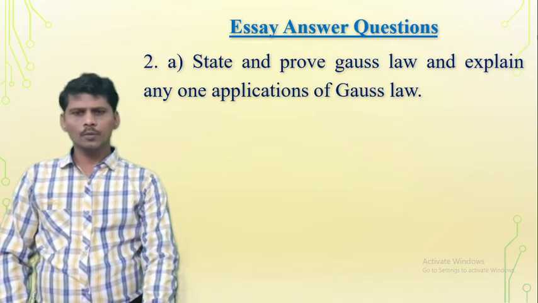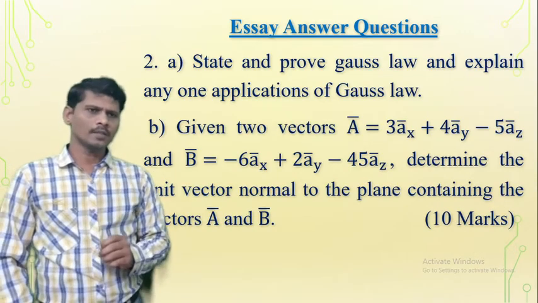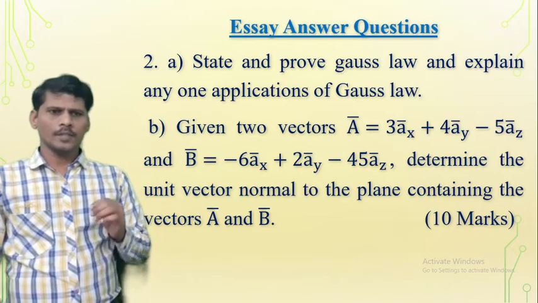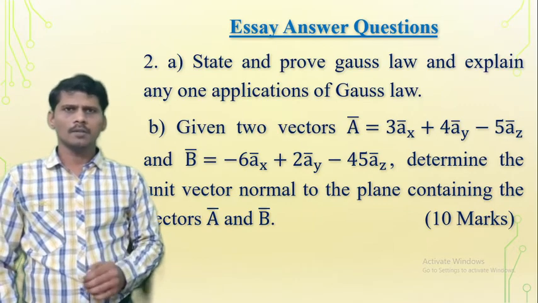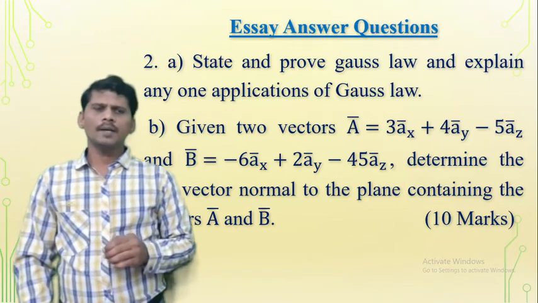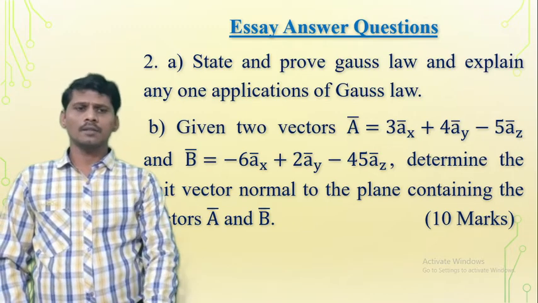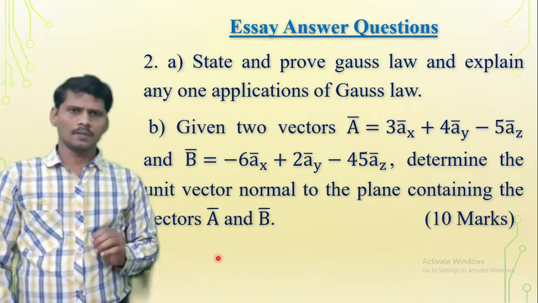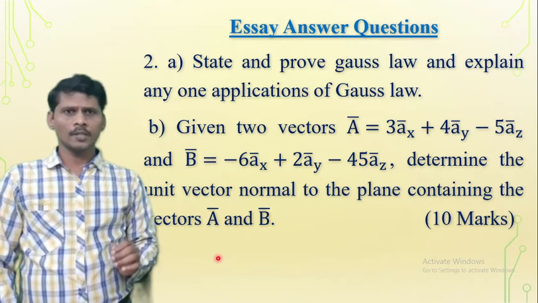And question number 2b, given two vectors A bar equal to 3ax bar plus 4ay bar minus 5az bar, and the vector B bar equal to minus 6ax bar plus 2ay bar minus 45az bar, determine the unit vector normal to the plane containing the vectors A bar and B bar. And this is question number 2 in essay type questions in unit 1.